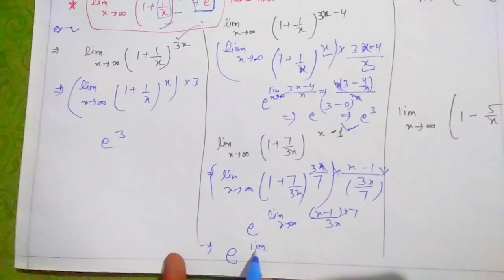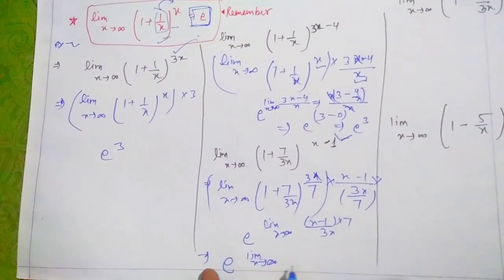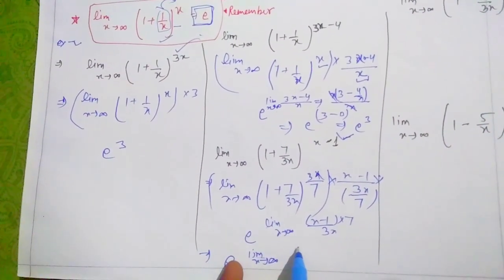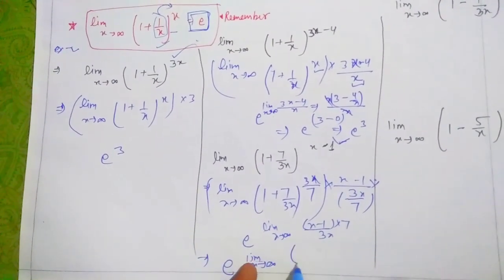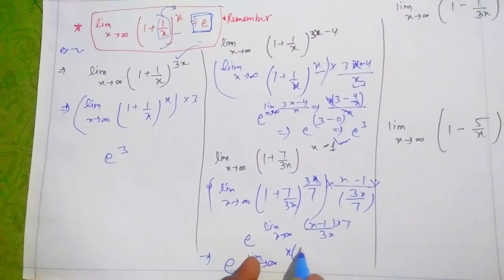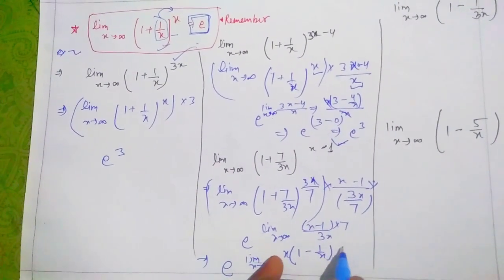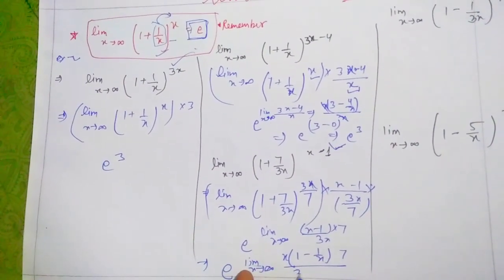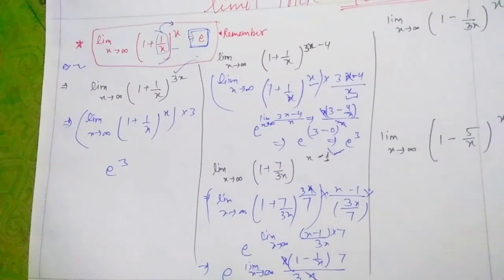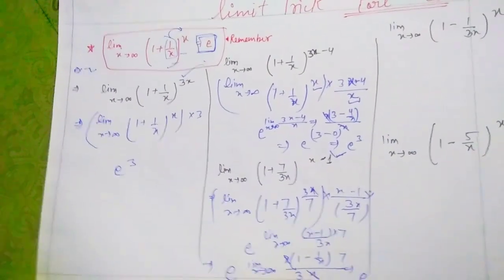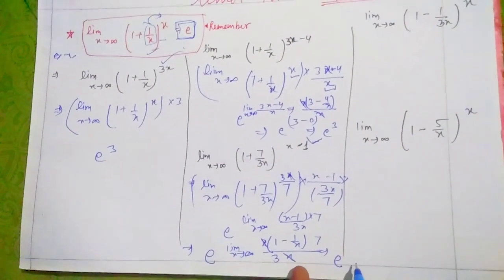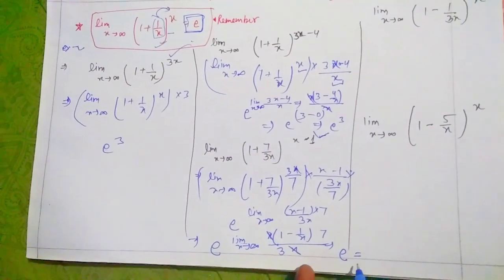Okay, limit x tends to infinity. Now we just have to take x common, so x cancels and we put in the value of x as infinity.